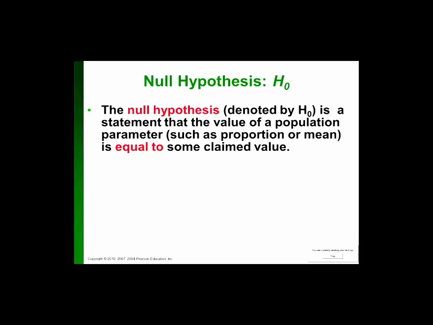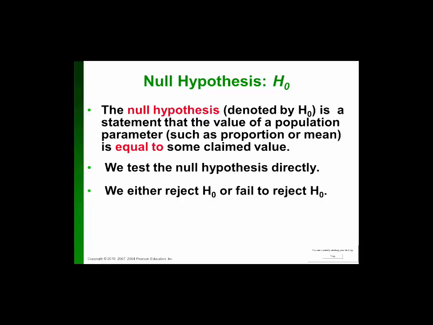It has no inequality symbols in it. We test the null hypothesis directly, and we either reject or fail to reject the null hypothesis. That'll be the only two things we say about the null hypothesis. We reject it or we fail to reject it. We never accept it. That'll make more sense later.